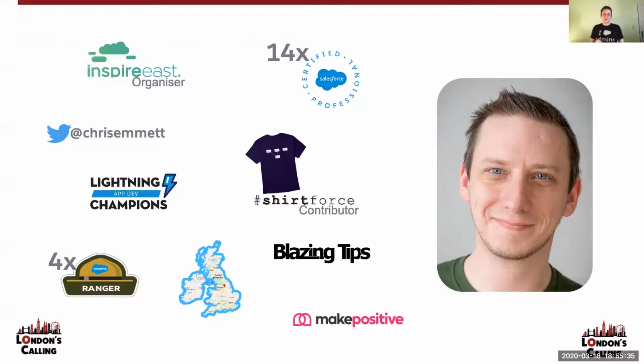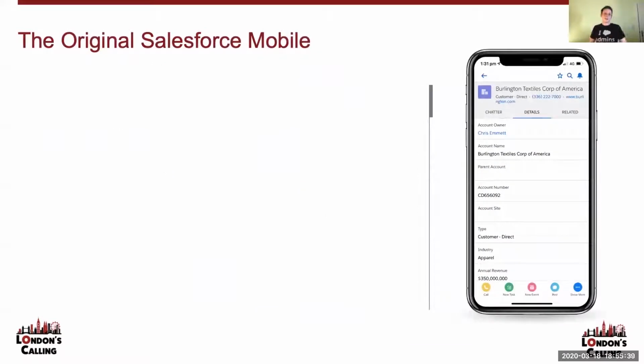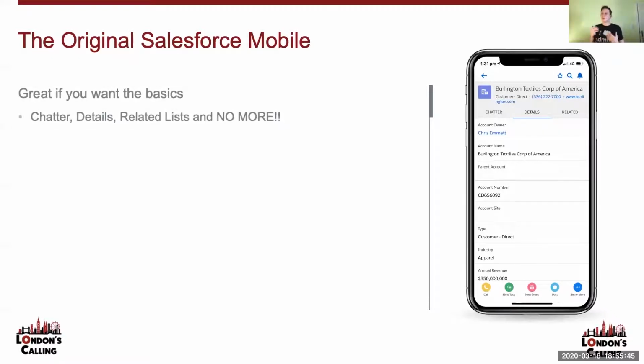Before we dive in, just a bit of history. A few years ago, Salesforce released an app called Salesforce One. And with Salesforce One, you were able to quite easily access record details, related lists, and chatter on a record. But you couldn't do much more. It was effectively being able to access your records, edit them, off you go.